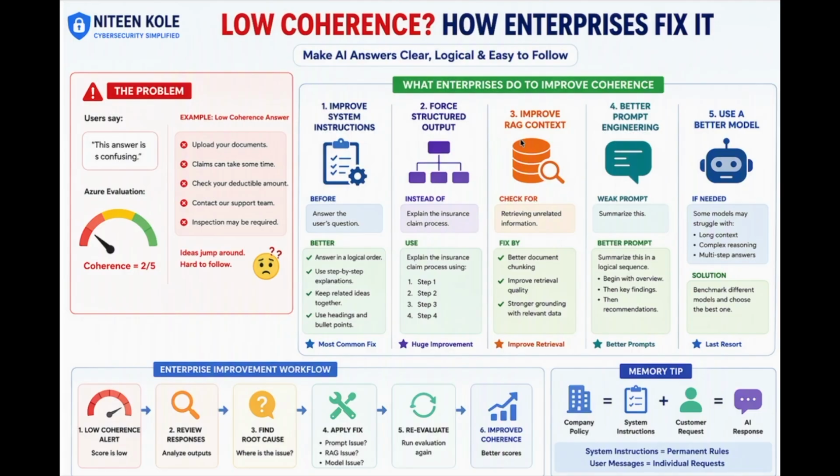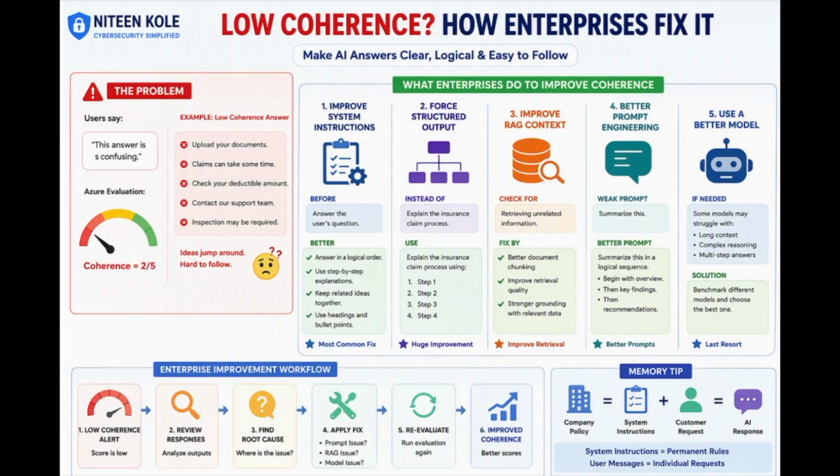Sometimes the AI retrieves unrelated information. Better retrieval often improves coherence. Fourth, improve prompts. Example: "summarize this" versus "summarize this using overview, key findings, recommendation." And last, evaluate better models.